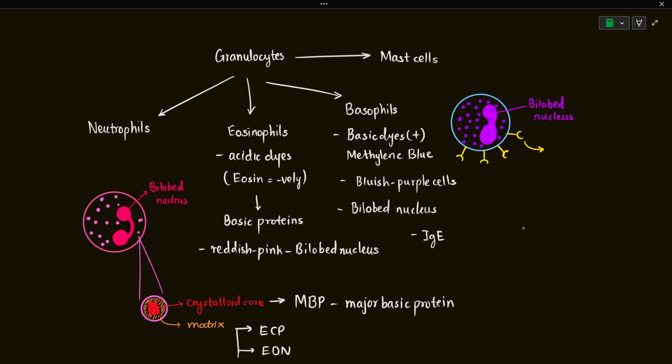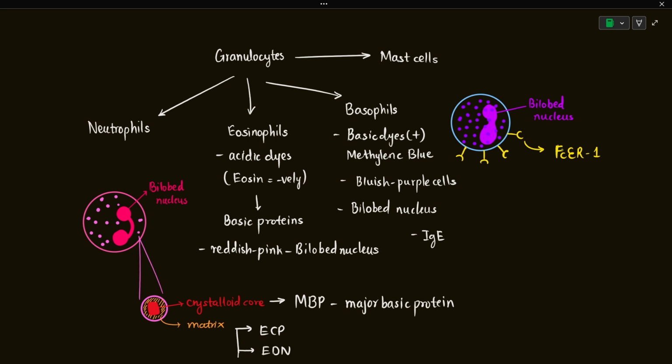If we have an antibody against those receptors and that antibody binds to a certain cell, then we can say for sure that this is the basophil. Those receptors are Fc epsilon R1.